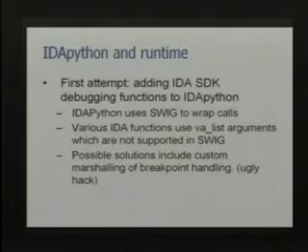So I wanted to use IDAPython, and I wanted to use a debugger with it. The first thing I tried to do was extend IDAPython to be able to use the built-in IDA SDK debugger functions. I ran into a problem: IDAPython uses SWIG, and I don't know how many people have used SWIG, but it's basically like a wrapper generator.